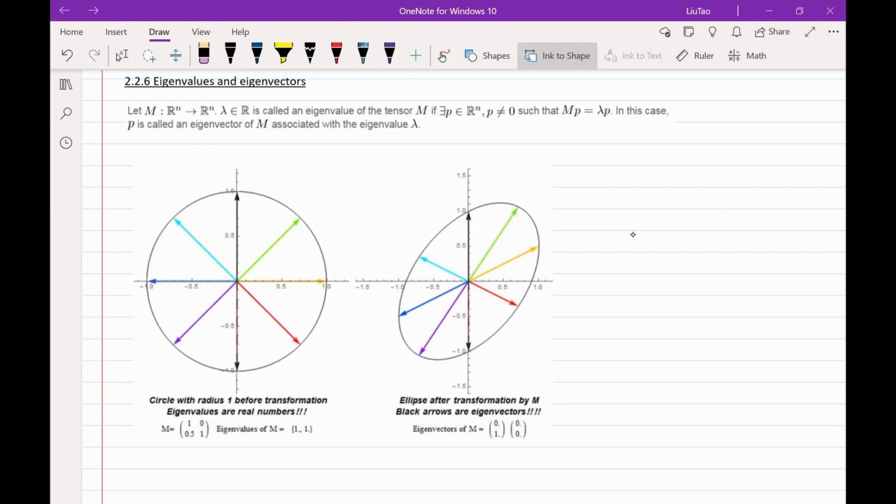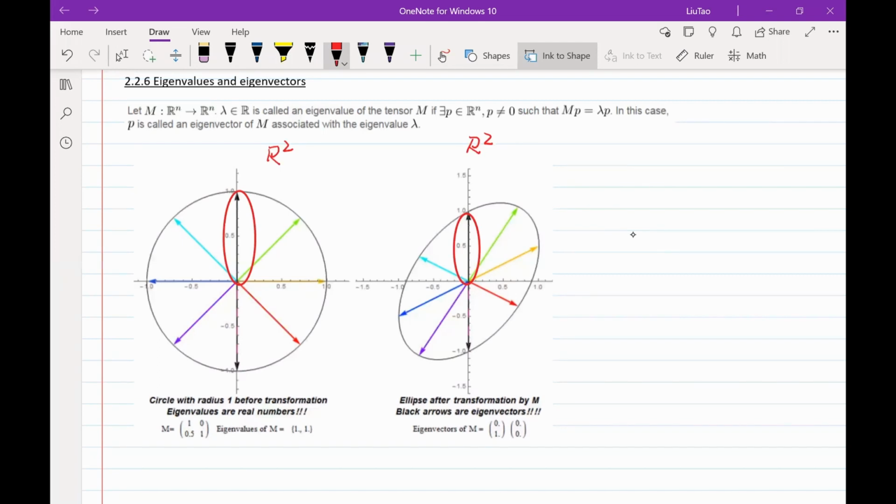So what is the geometric meaning of eigenvalues and eigenvectors? If we have a linear map from R2 to R2, we can find a vector, say (0, 1), which is mapped to the other space but doesn't change its direction.